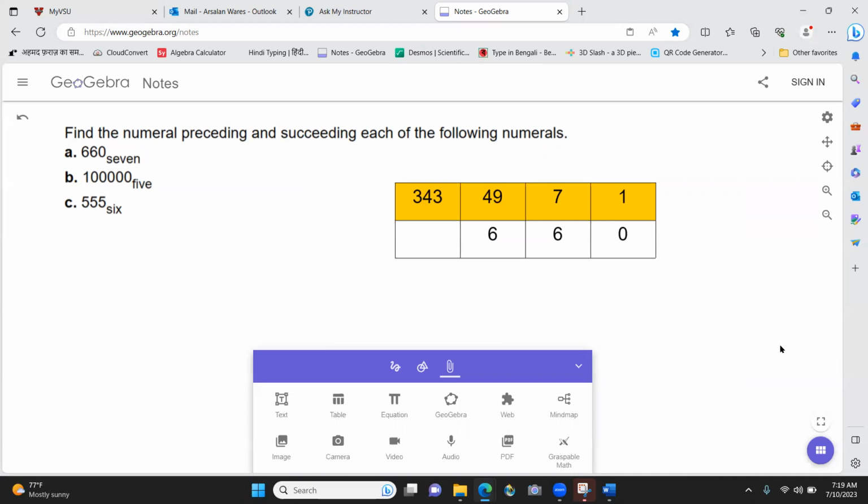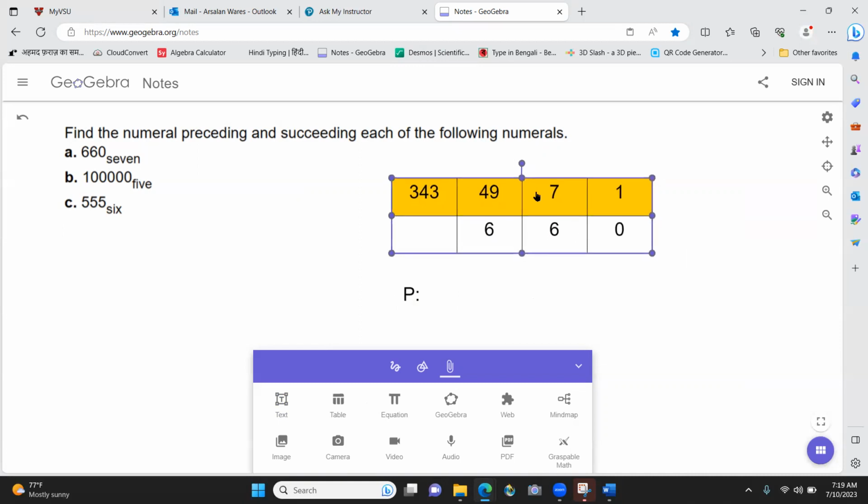Now, the number preceding, I'm just going to write P. P means preceding. What number precedes this? Now, you're going to get rid of one loose one. I'm going to show you all the steps. From the 6 sevens, you're going to bring a 7 out. How many will be left? 5 sevens.